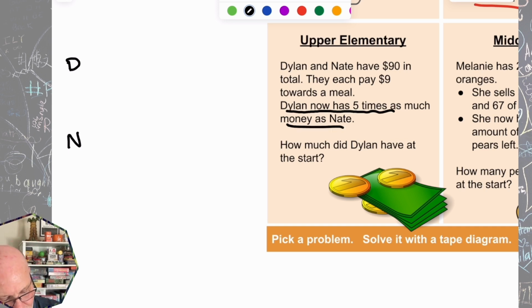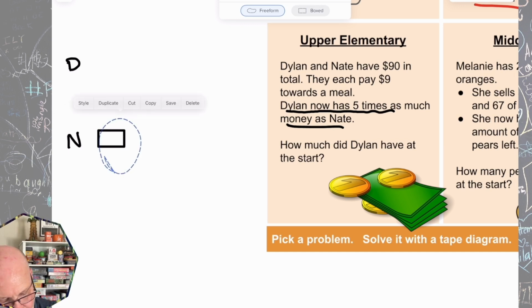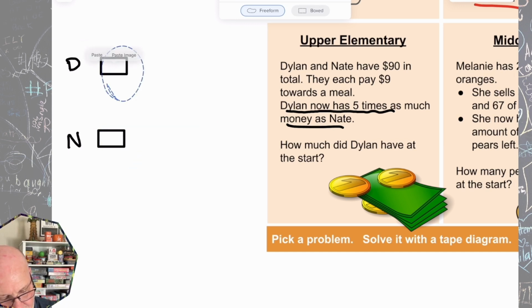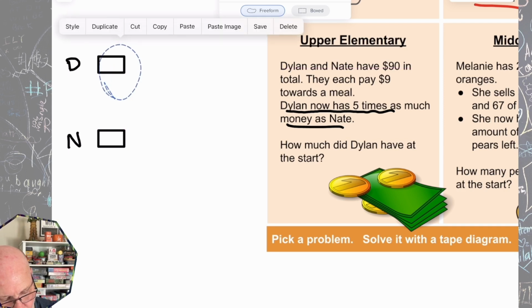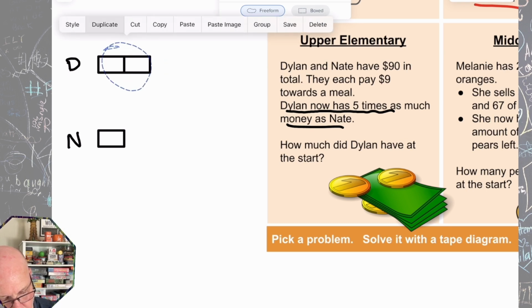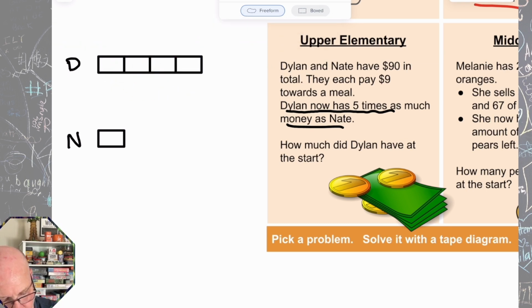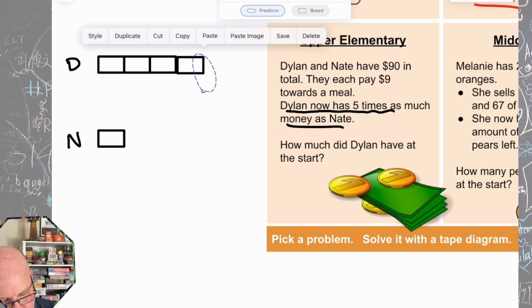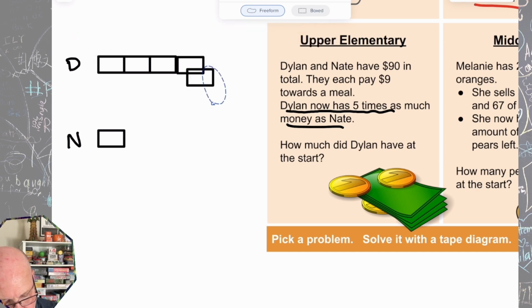That means if Nate has 1 unit right here, there's my 1 unit for Nate, then Dylan is going to have 5 of those. So 1, 2, 3, 4, and then 1 more is 5. All right, let's clean this up a little bit.